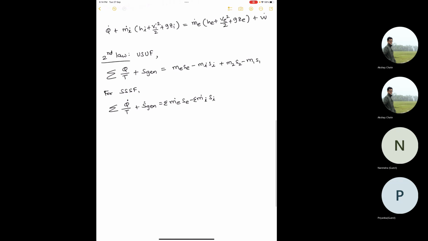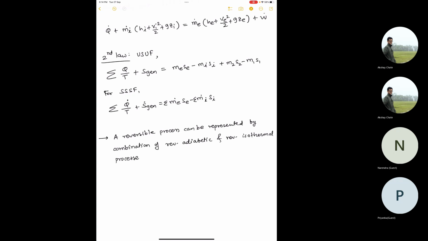Apart from this, in last week's classes, one important thing was there: a reversible process can be represented by a combination of reversible adiabatic and reversible isothermal processes.